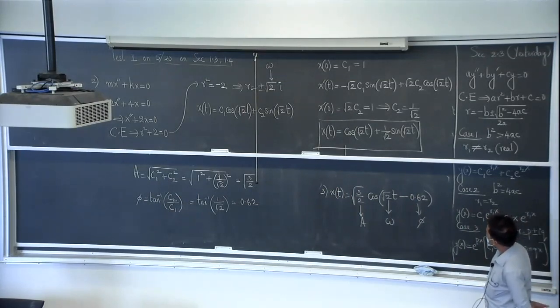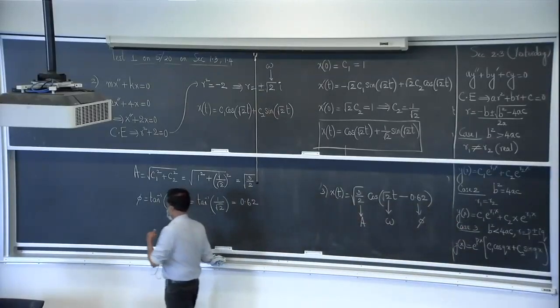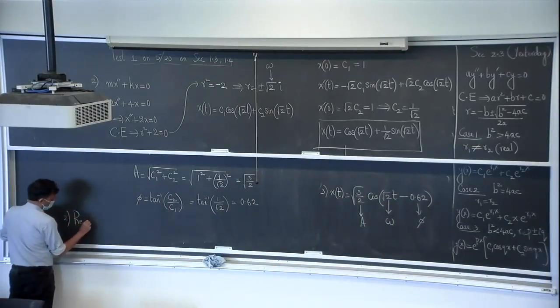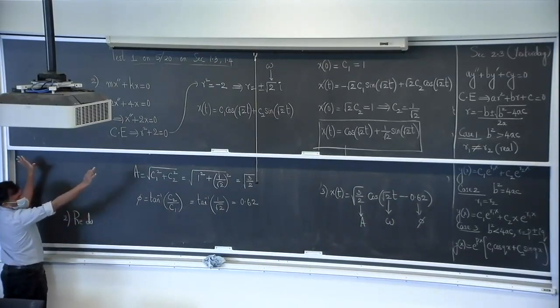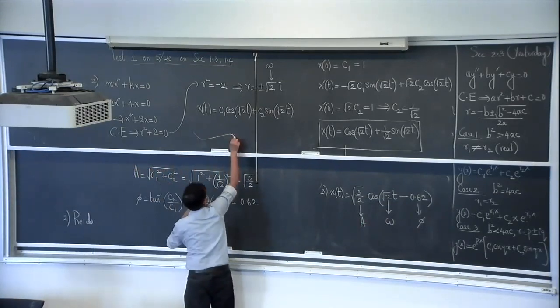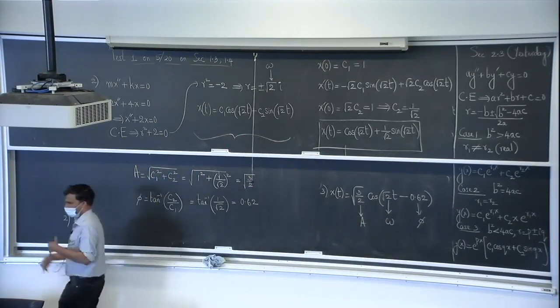So let me just make some small changes to the same problem and ask you to redo this. Okay. So example 2. Redo the same problem, which means everything up to this part is the same. I don't want to do a whole bunch of other problems with different numbers.